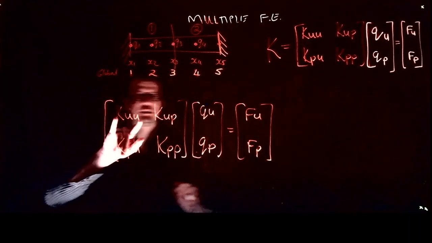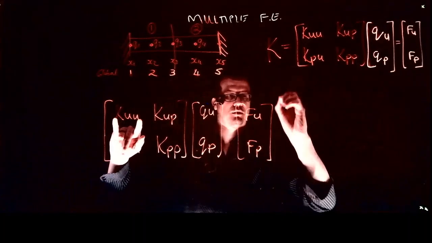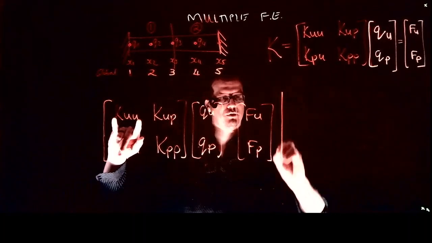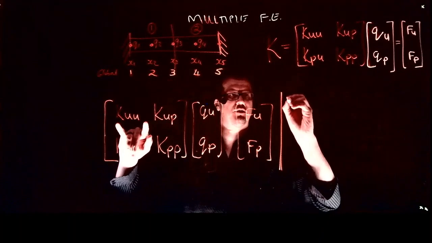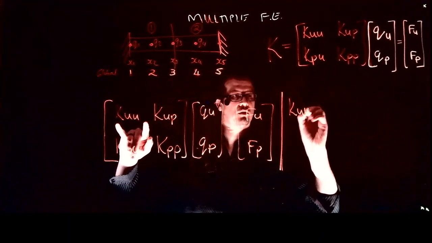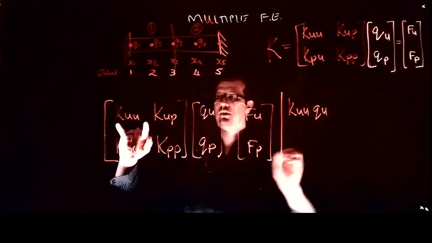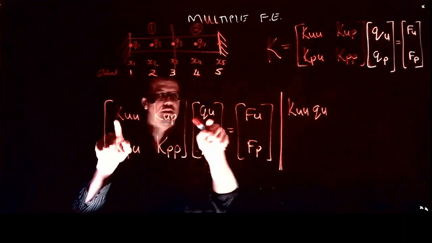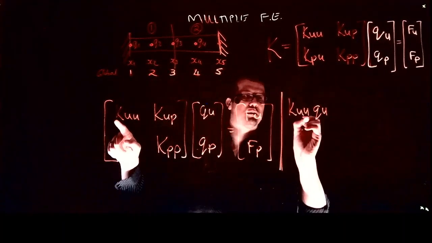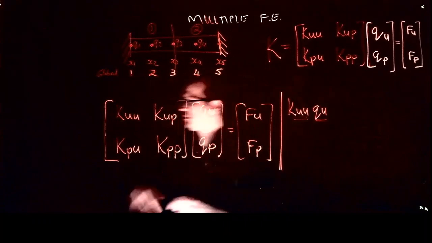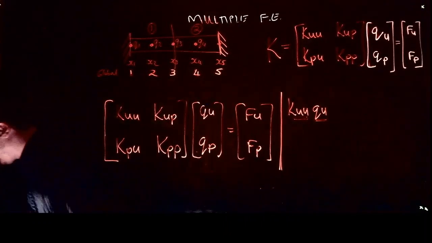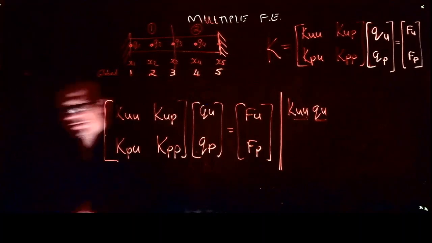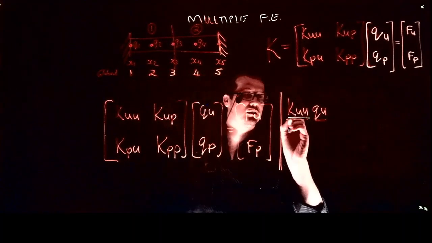So what I'm going to do is write this out. To solve for QU, we're going to have KUU times QU. So this multiplied by this, these are the unknowns. This is a matrix, this is a vector. Man, this is going to be frustrating. This is highly frustrating, the fact that these things are not writing nicely.